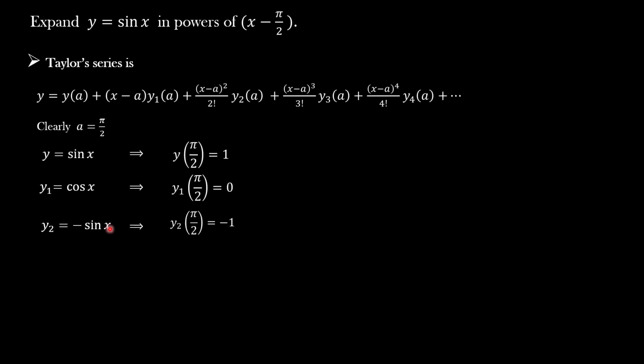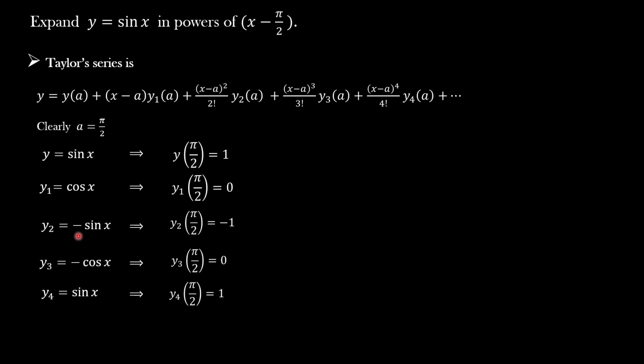Therefore y2 of pi by 2 is equal to minus 1. y3 is equal to minus of derivative of sin x, that is minus cos x. Therefore y3 of pi by 2 is equal to 0. y4, minus of derivative of cos x is minus sin x. Therefore y4 is sin x, which implies y4 of pi by 2 is equal to 1.